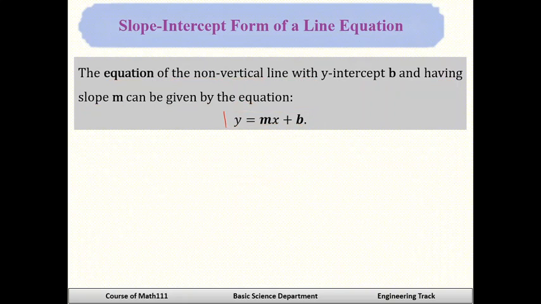Or you don't have to also have slope or y-intercept. I mean, at least you should have one of them to write it, and there should be some extra information. Let's see.